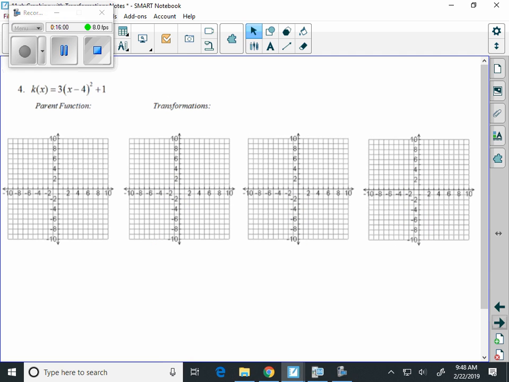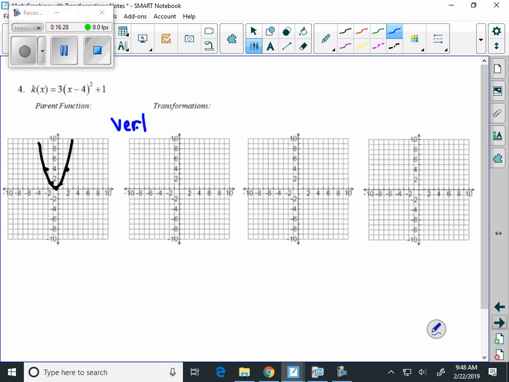As we finish our last graphing question here, the parent function, sorry I don't have that one drawn in, but I'll get that drawn in, is 0, 0. It's drawn in on your paper, at least it should be. But what are our transformations here? Well, the first one, vertical stretch.